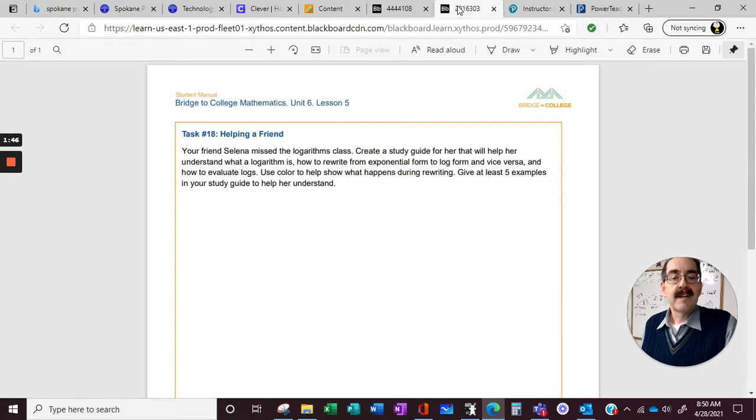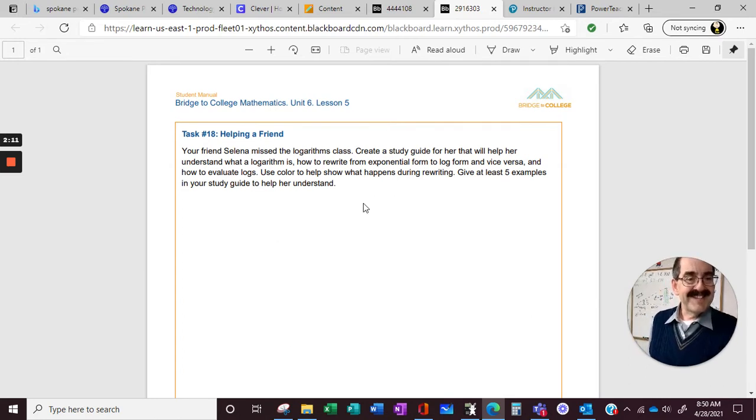In the example of helping a friend, your friend Selena missed logarithms class. Create a study guide for her that will help her understand what a logarithm is, how to rewrite from exponential to log form and vice versa, and how to evaluate logs. Use color to help show during the handwriting.